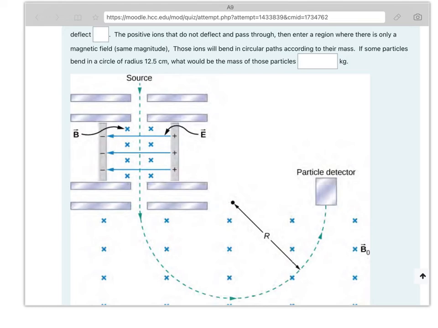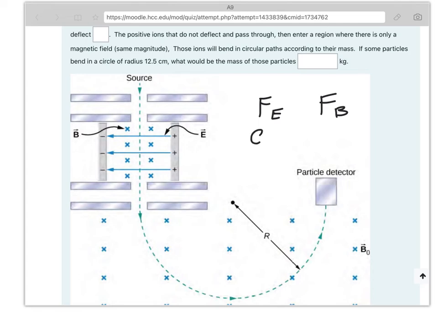And so there's going to be an electric force and a magnetic force in opposite directions. If the magnitudes of those two forces are equal, they'll cancel each other out.